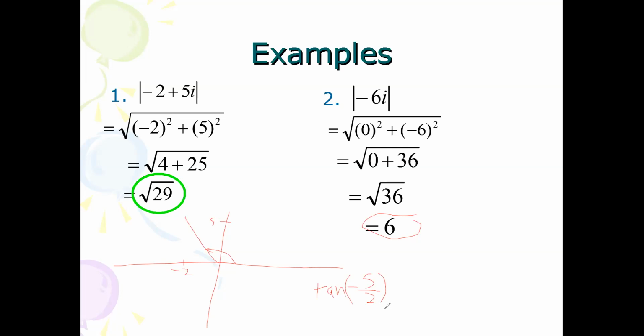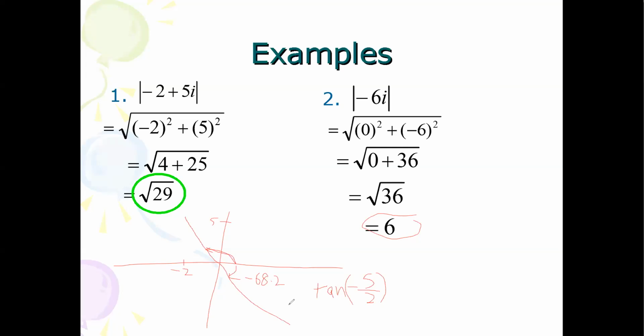I'm not hearing that clearly. Negative 68.2. Negative 68.2? Yes, sir. Good. So that's this angle here, right? And I will leave it up to you to figure out that if this is negative 68.2, right? That's what the calculator gives you. What is this angle here?